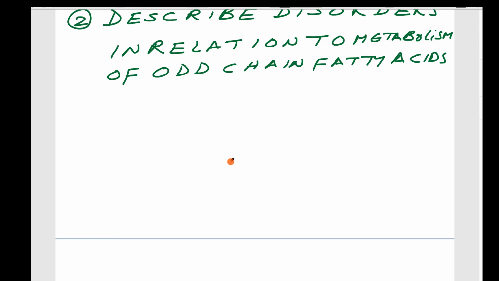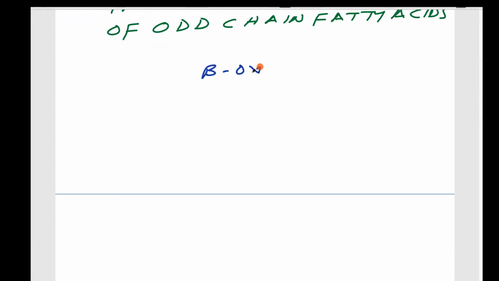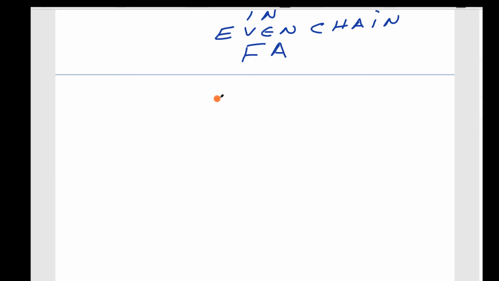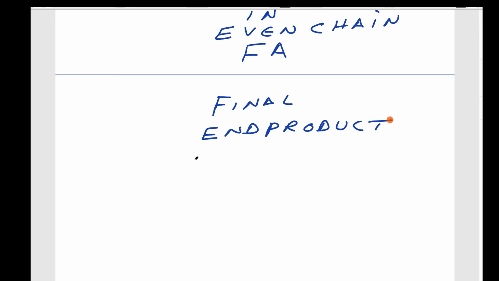One example is propionyl coenzyme A. Beta oxidation is the same as that which takes place in even chain fatty acids, but the final end products are different.